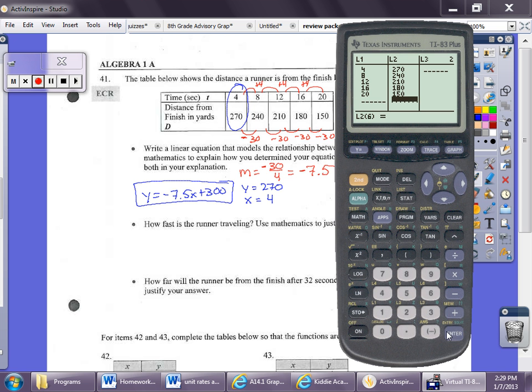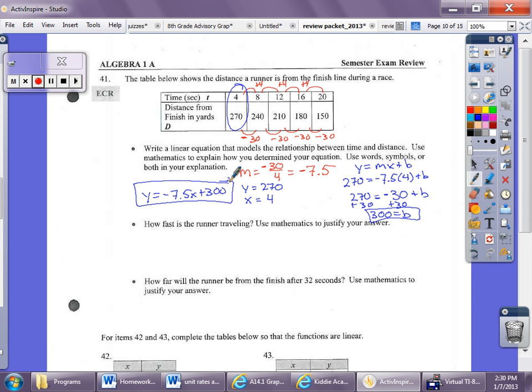And then what we need to do is linear regression, which is stat, calc, and number 4, linear regression, then enter. And we got y equals negative 7.5x plus 300. So two different ways to get the same answer. So now we have our equation.